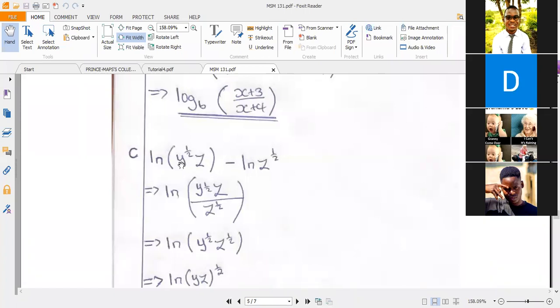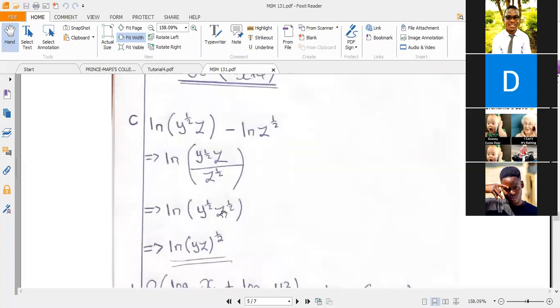So we divide y to the power half z over z to the power half. Division means we subtract the powers. So z is power 1, so it will be 1 minus half for the z that is down. So it will be z to the power half. So we'll have ln of y to the half, z to the half.